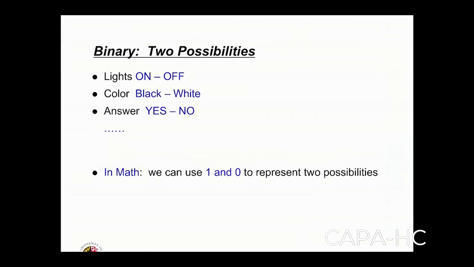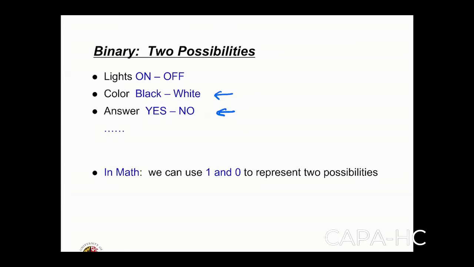And a simple picture has just two colors, like your printer would be printing things either black or white. And the answers to the simplest questions would be yes or no, such as the examples that we were playing in the game.